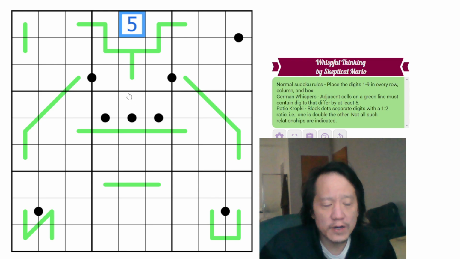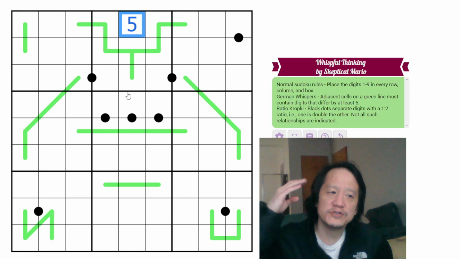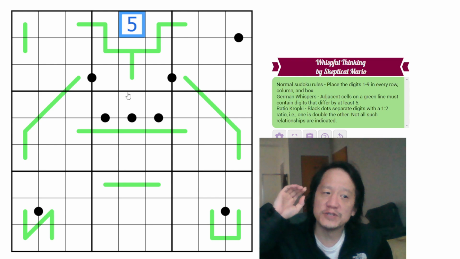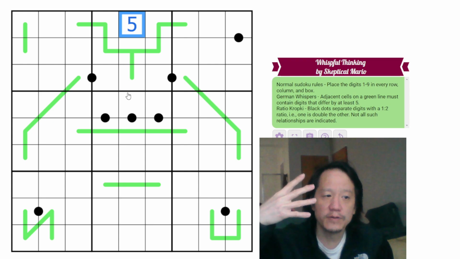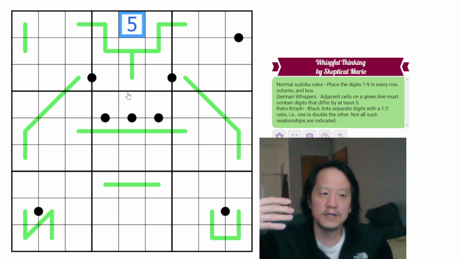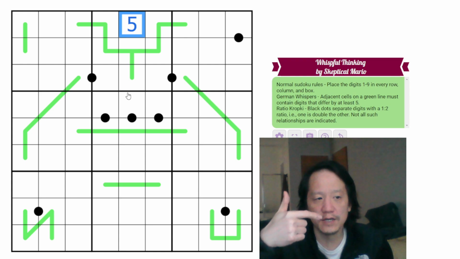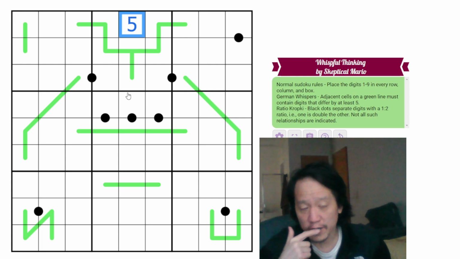Also, on a German whisper line, it always alternates between the sets 1 through 4, which is the low, and the sets 6 through 9, because you can only be 5 away from the next adjacent cell on a German whisper line.